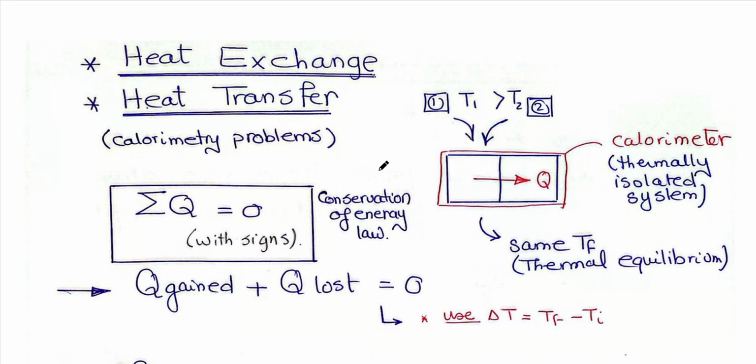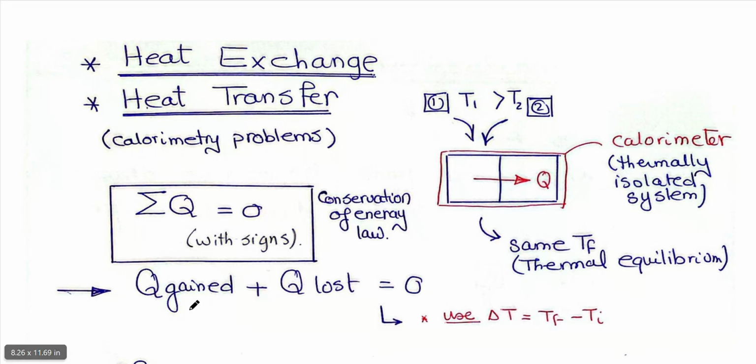If we apply the conservation of energy law, this means that the sum of heat energies equals zero, with signs. Q gained plus Q lost equals zero. If the hot body loses 10 joules, the cold body is gaining these 10 joules.